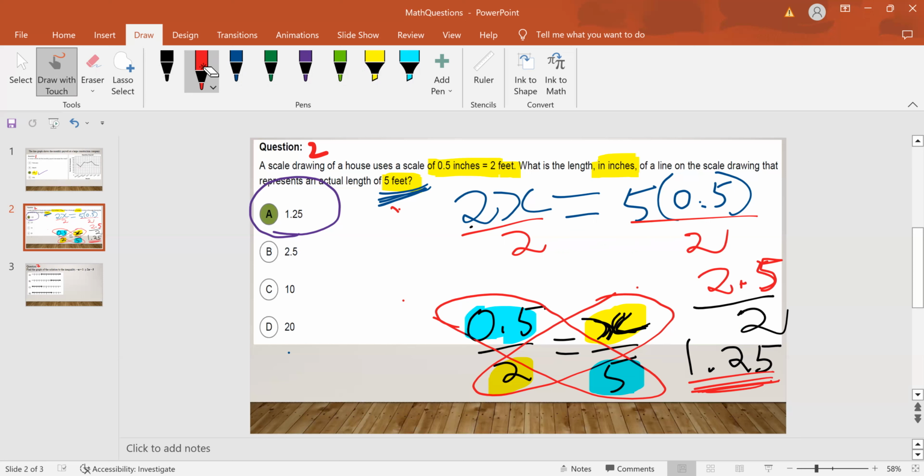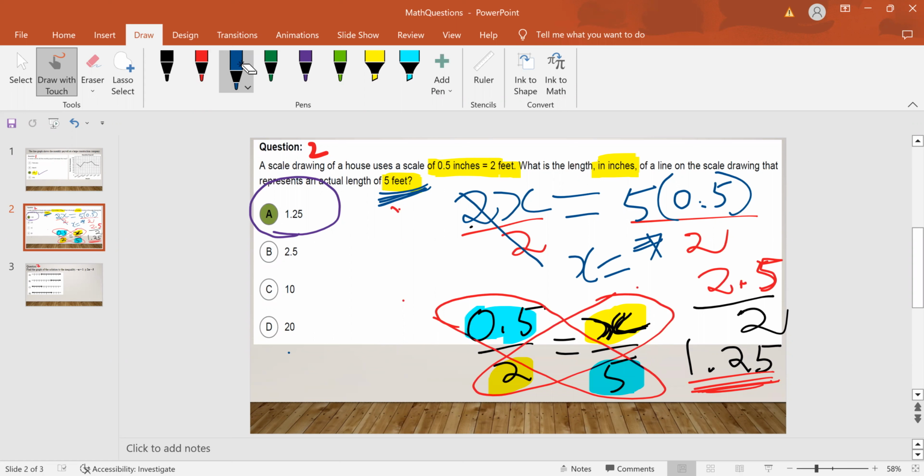We take 2x equal 5 multiplied by 0.5. Now to solve for x, we divide both sides by 2. Doing that, the 2 here cancels out, and we have x alone equal to what we have here, which is 5 multiplied by 0.5 divided by 2.